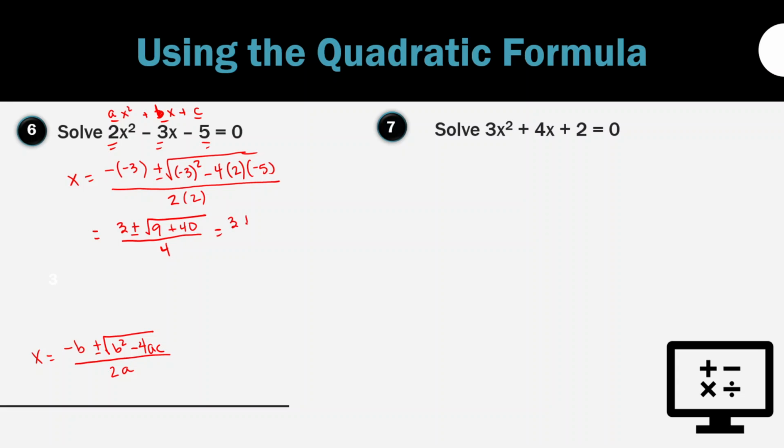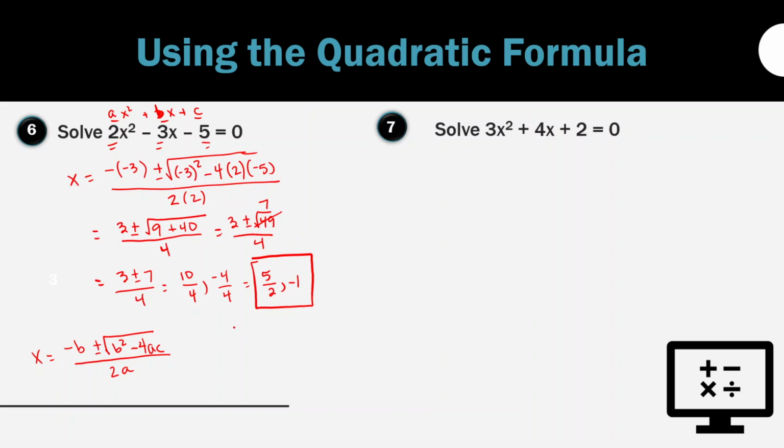So I end up with 3 plus or minus the square root of 49 over 4. Well, the square root of 49 is a 7. So I have 3 plus or minus 7 over 4. So if I do the addition, 3 plus 7 is 10. 3 minus 7 is negative 4. So the end result is 5/2 or negative 1.